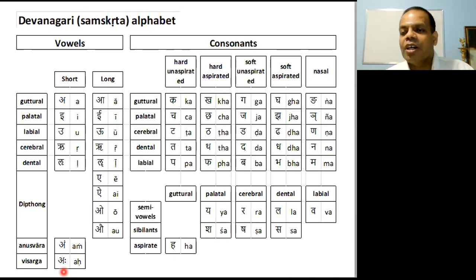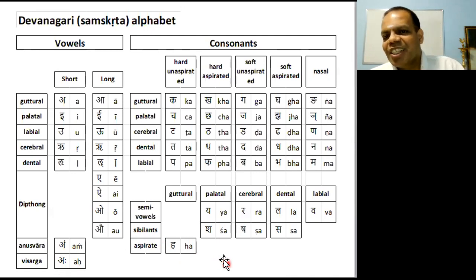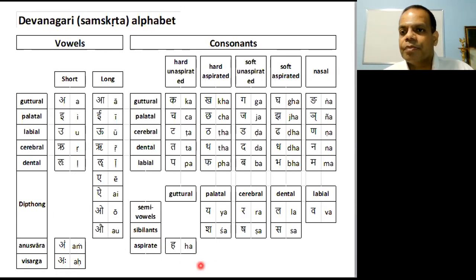Hu and hu are a lot of difference. If it's Visarga, it should be hu. Hari hi, it's not he. He and he, a lot of difference. So here actually you voice it. Here you don't voice it. That's the way it should be.